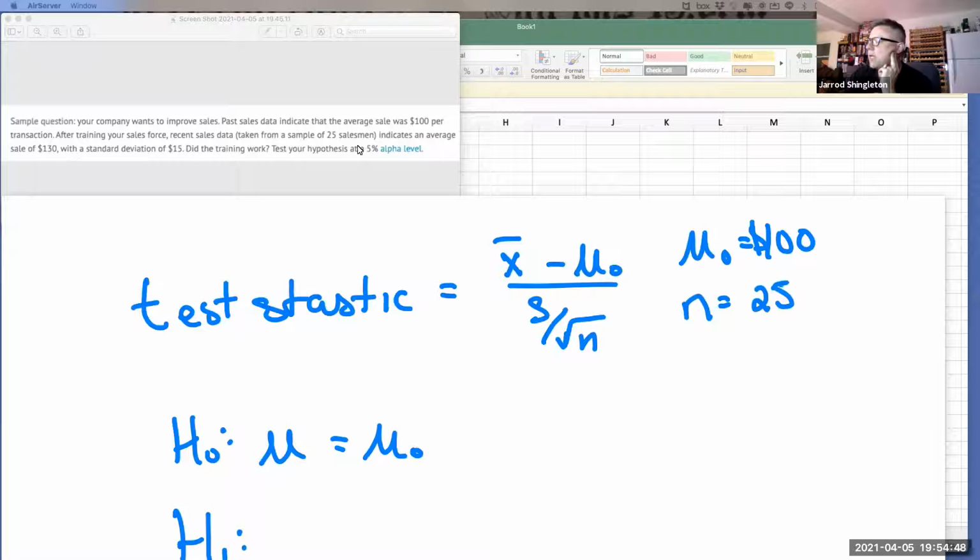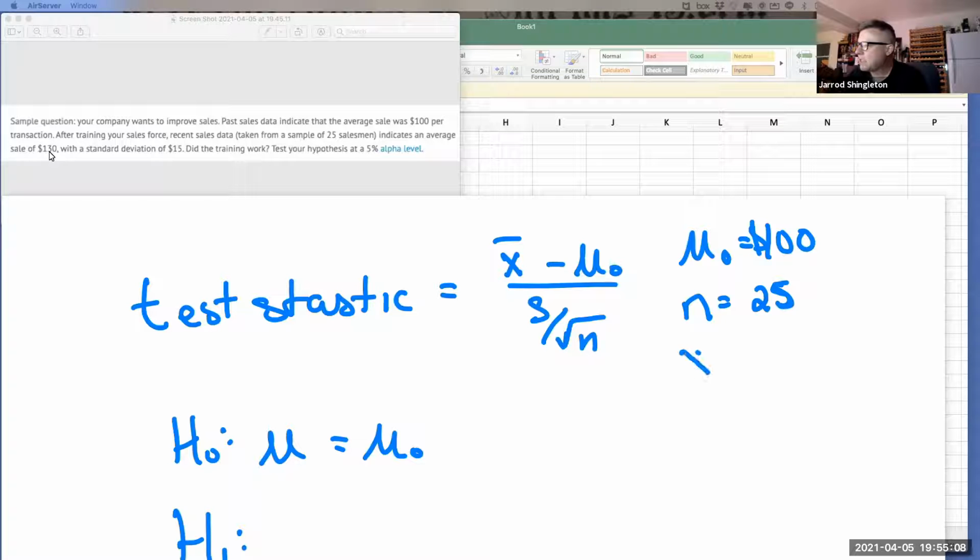Now be very careful here. The problem does not state that the underlying distribution of the population is normally distributed. We should have at least 25 observations. We're going to go ahead and assume that the underlying distribution is normally distributed, so 25 is okay. The salesmen indicate an average sale of 130.